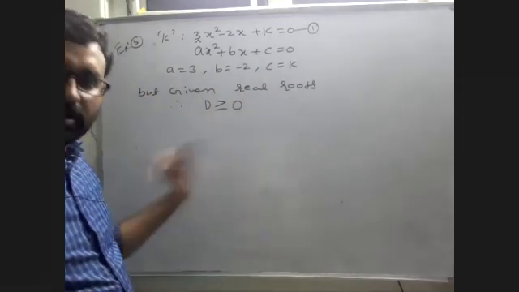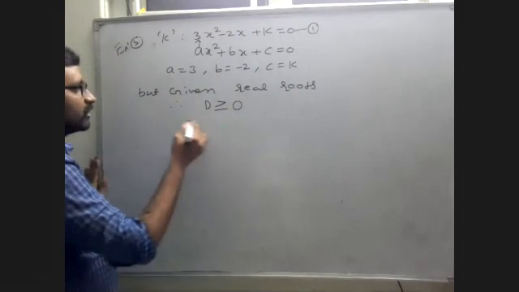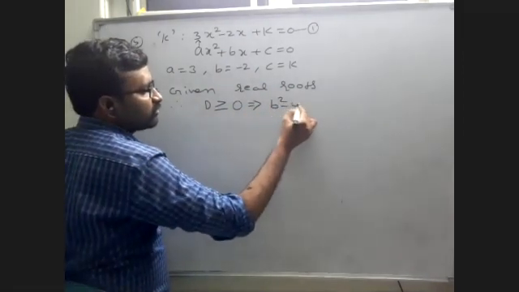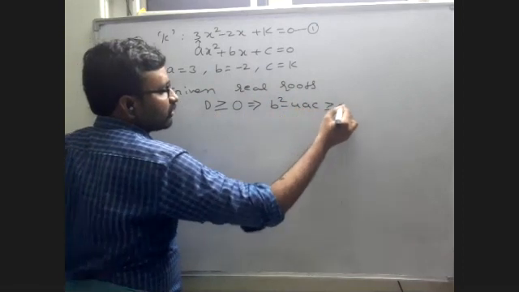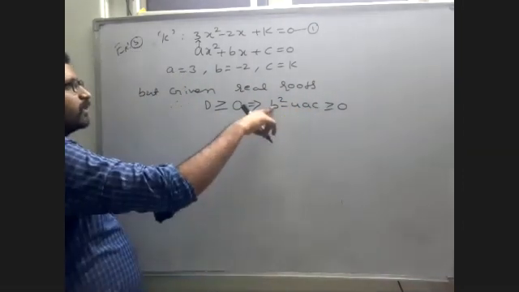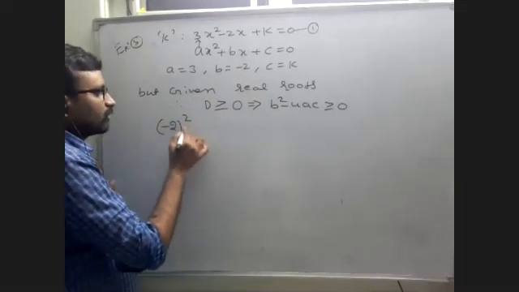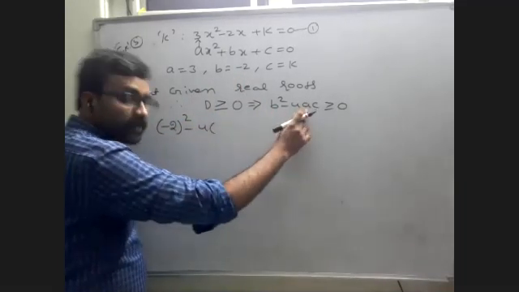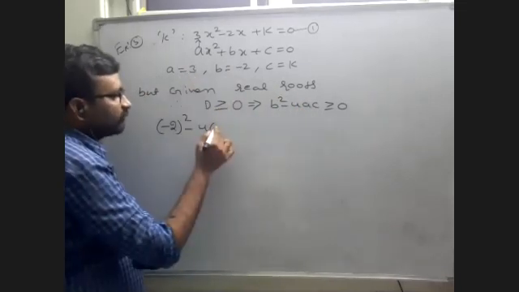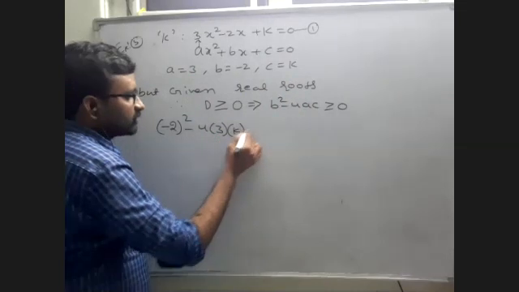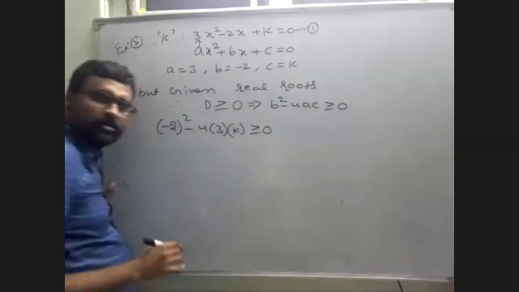Delta, you can write d, whatever. What is delta? B square minus 4ac greater than or equal to 0. B value is minus 2, a value is 3, and c value is k. So minus 2 whole square minus 4 into 3 into k is greater than or equal to 0.